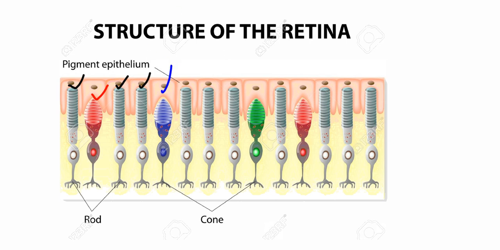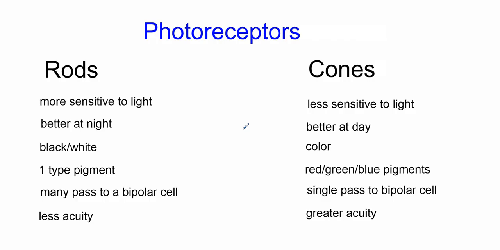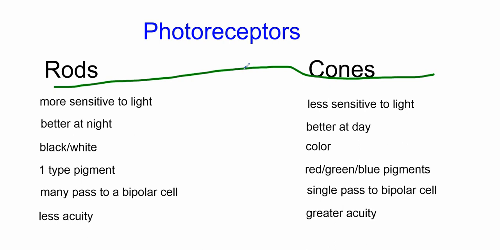There's a red one, a blue one, and a green one. So what's the deal here? Let's make a table and talk about the differences between rods and cones.